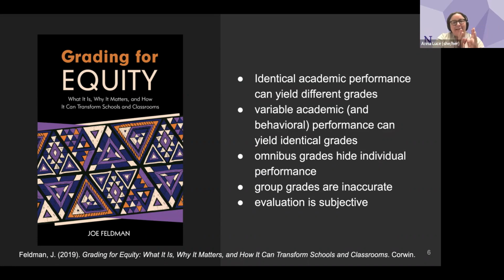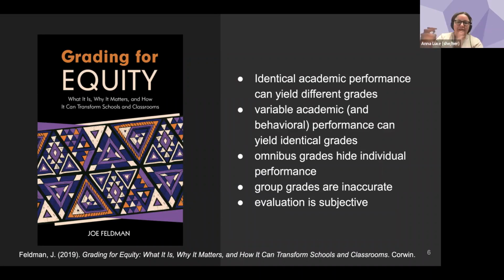What I mean by that is that students who perform identically on standardized assessments often get different grades in their class because their instructors are grading them based on participation or based on completing homework or things like that. And the converse is true, that variable academic performance or behavioral performance, so students who perform very differently on standardized tests, can yield identical grades.